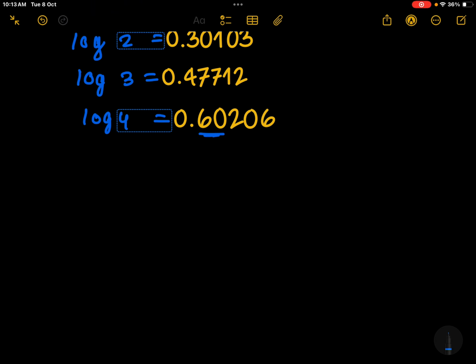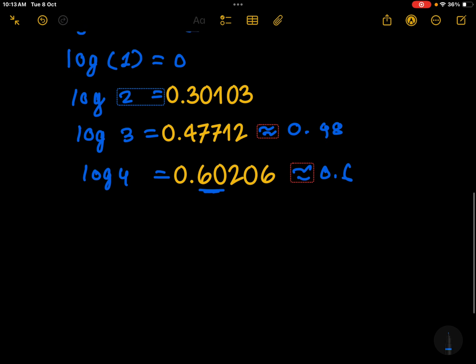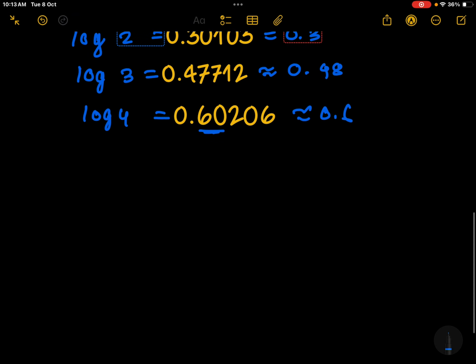Basically you have to just remember, log 4 we can directly say is approximately 0.6, log 3 approximately 0.48, and log 2 approximately 0.3. Then we have log 5, which is 0.69 or approximately 0.7.